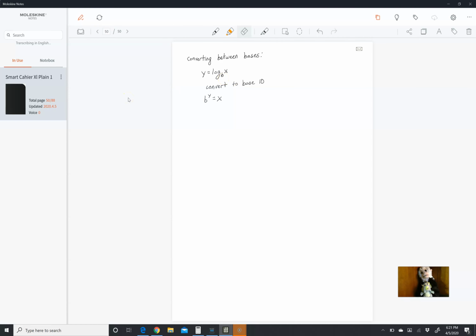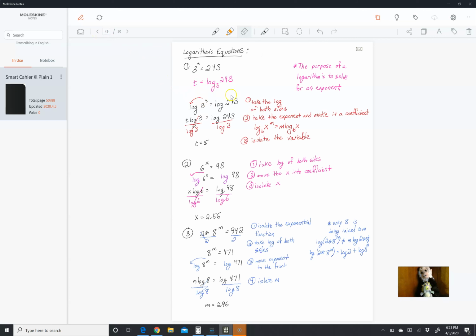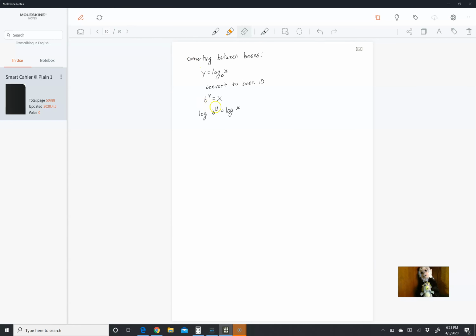So we're going to take the log of both sides, and I'll write down these steps. But it's just like before. This is just like what we did on the previous page, where we had t equals log base 3 of 243. We had it in exponential form instead, and we took the log of both sides. So this is no different. We're doing the same thing. And then the next step that we did is we took the exponent and moved it out to the front. So that's what we're going to do here. We're going to take this exponent y and move it out to the front.